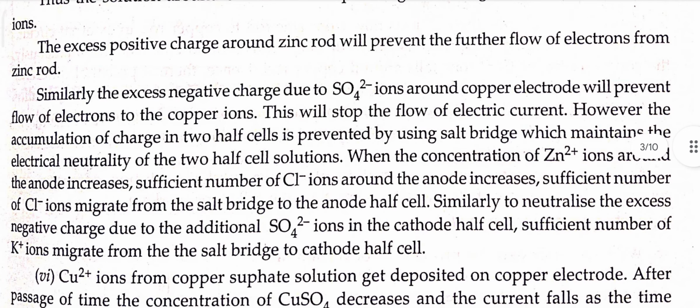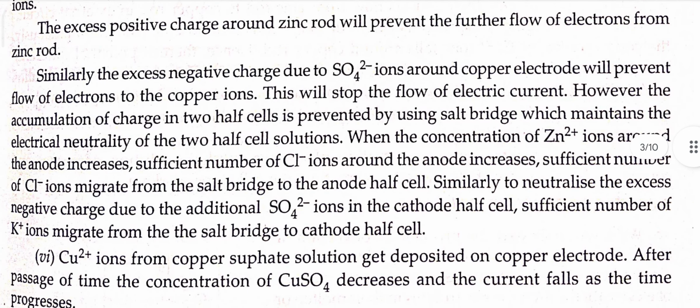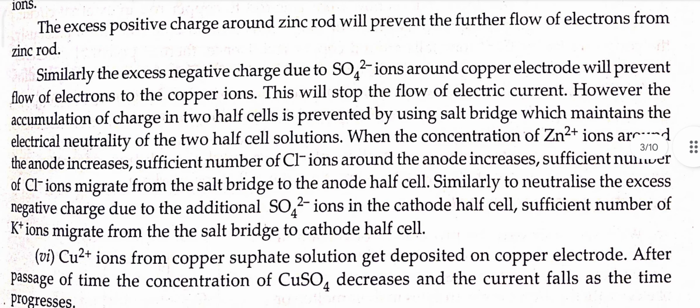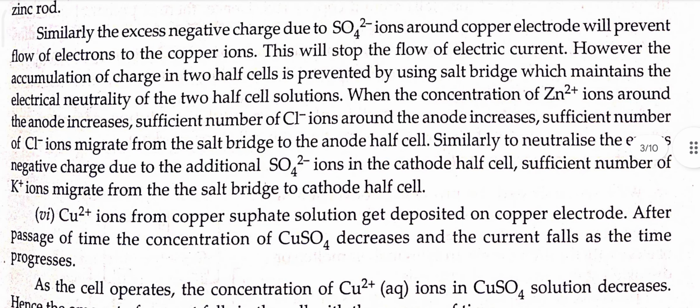The excess positive charge around the zinc rod will prevent the further flow of electrons from the zinc rod. Similarly, the excess negative charge due to SO4 2- ions around the copper electrode will prevent flow of electrons to the copper ion. This will stop the flow of electric current.